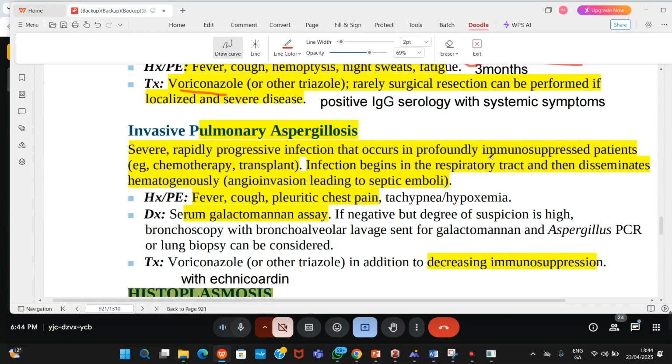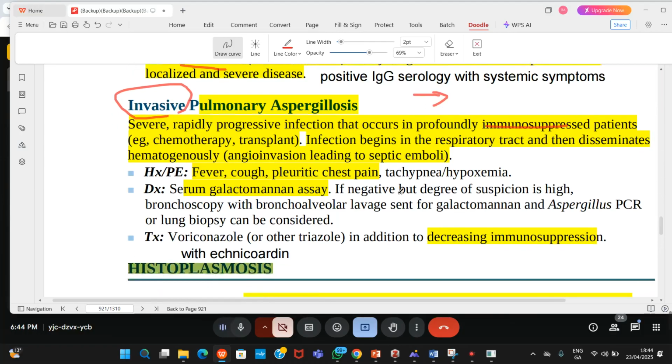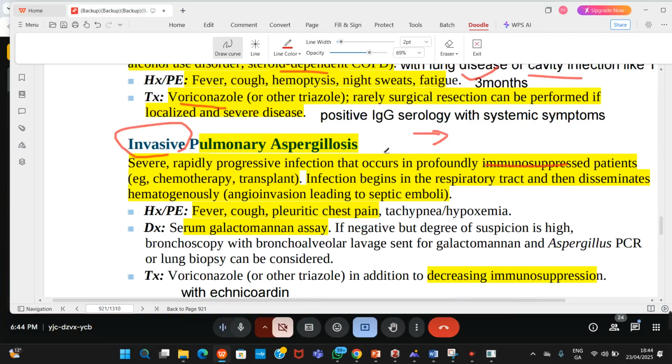For invasive pulmonary aspergillosis, they can have cavities. This one too is very common in people that are immunosuppressed. They can have cavities in the lungs, but the problem does not stay in the lung, because don't forget, the word is invasive. They are moving outside the lungs, going to other tissue sites. They can go to the brain, and they can have features of meningitis.